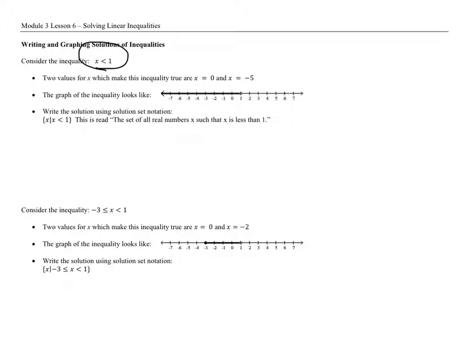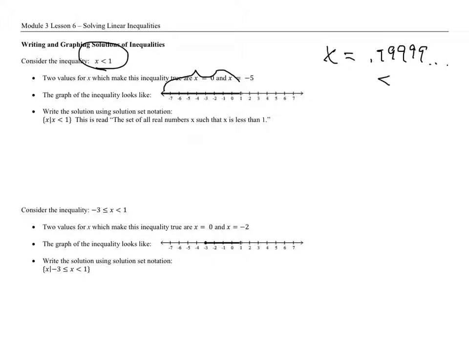It has an open circle at the number 1, and then we put an arrow to the left. Open circle because if x is equal to, let's say, 0.99999 dot dot dot, okay?